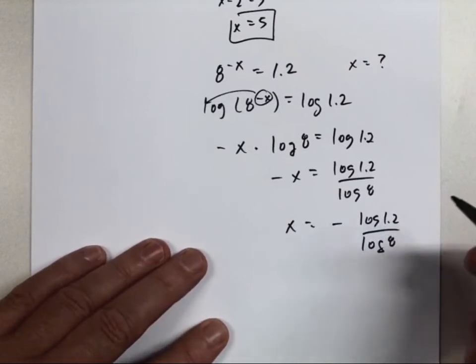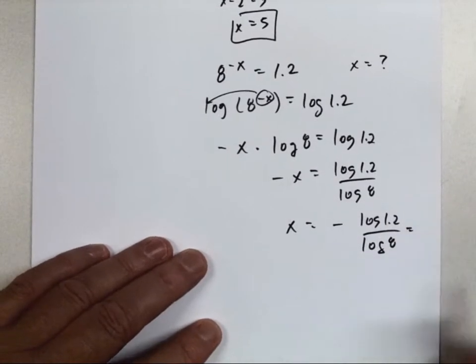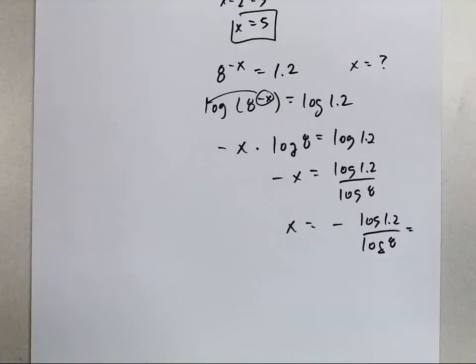If they want an exact answer, I would stop, but sometimes I may be asked to give the answer rounded to, say, 2 decimal places. So then you go grab your calculator. Log of 1.2 divided by log of 8, and then make it negative.